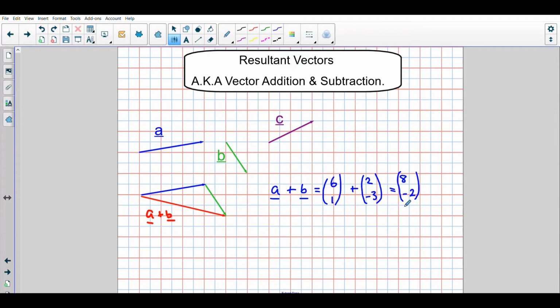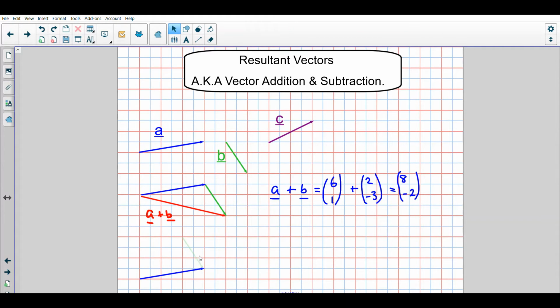So when we're looking at vector addition and subtraction, it's actually very straightforward. All we have to do is add or subtract, depending on what we're doing, our components. So let's have a look at what happens if we did A minus B. So here's our A. Now we want to take away B, which means that we want to go along B in the opposite direction.